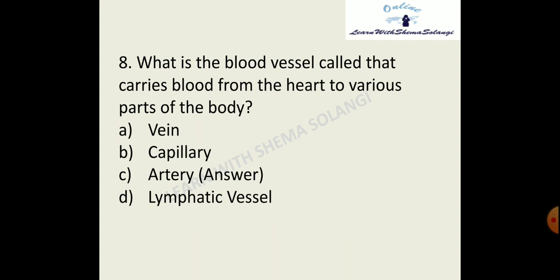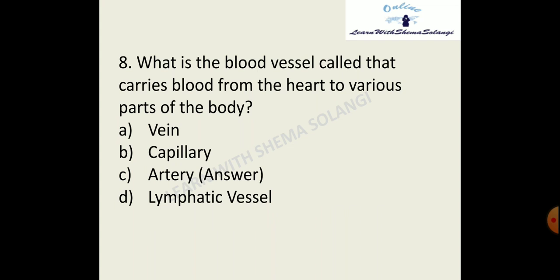What is the blood vessel called that carries the blood from the heart to various parts of the body? It is called an artery. An artery carries the blood away from the heart to other parts of the body, and it is characterized by thick walls that are able to withstand the high pressure of blood being pumped out of the heart.